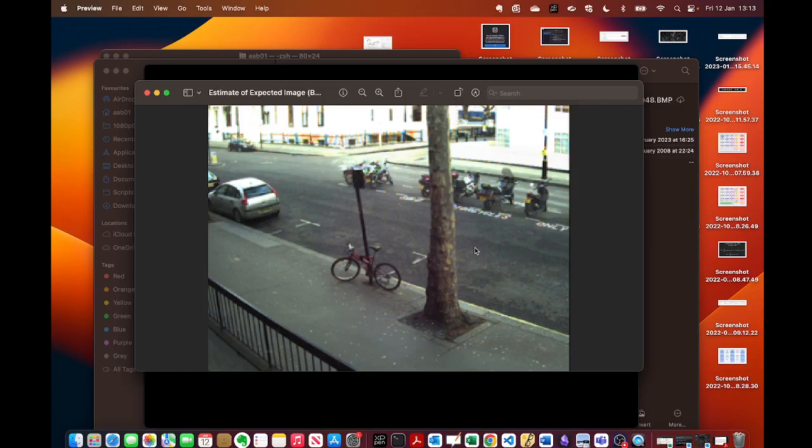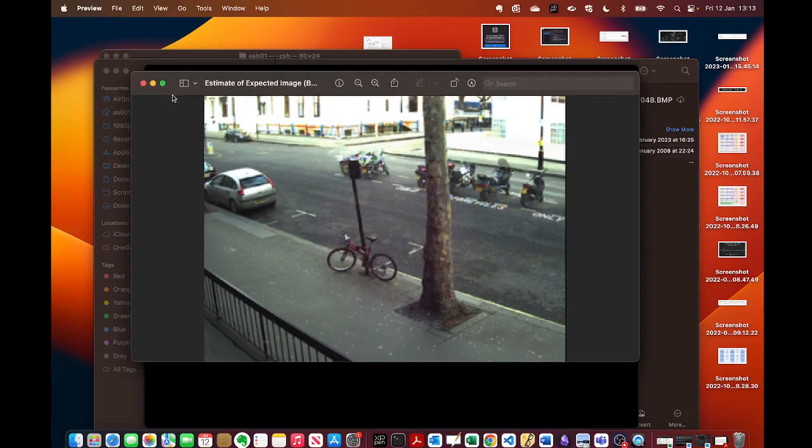The movement has basically been averaged out, and what you're left with is just a view of the stationary objects in the scene. This is sometimes known as the background scene, and doing an average over many observations in which you have static objects and moving objects is one of the niftier tricks you've got in computer vision to do image processing. It's a very simple technique, and it's basically just the expected image across this particular scene.